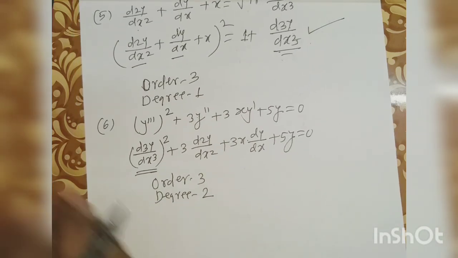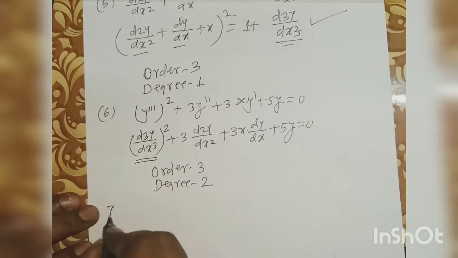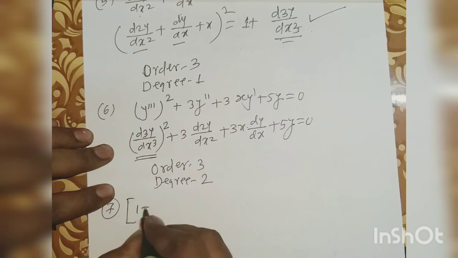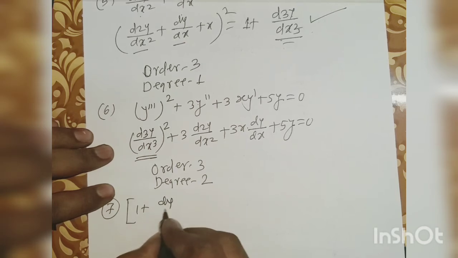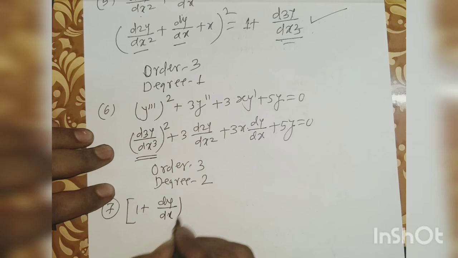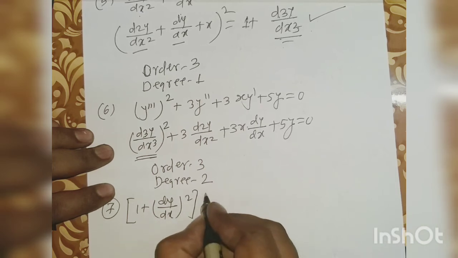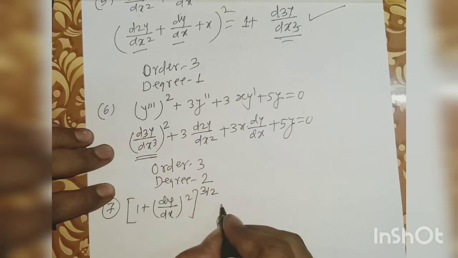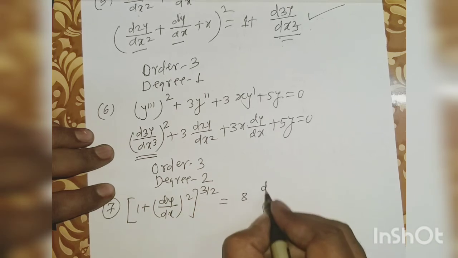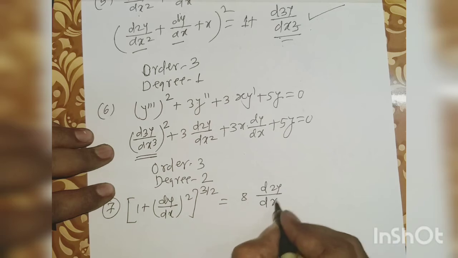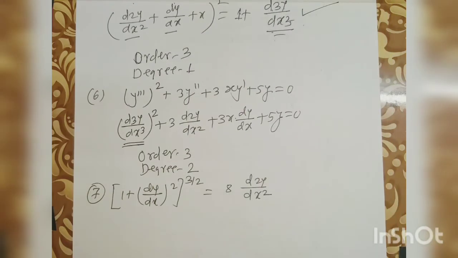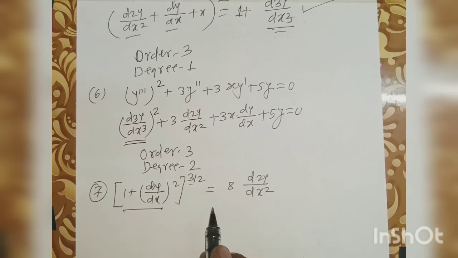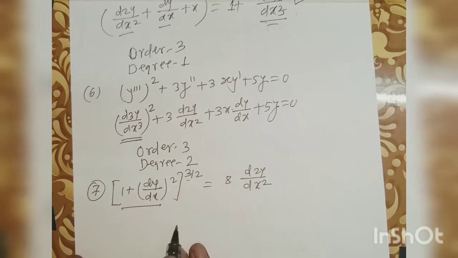Now next example, seventh, (1 plus dy by dx) bracket raised to square bracket raised to 3y2 is equal to 8 into d2y by dx square. Now in the left hand side the power is a fraction, 3y2. Now this power must be a positive integer.